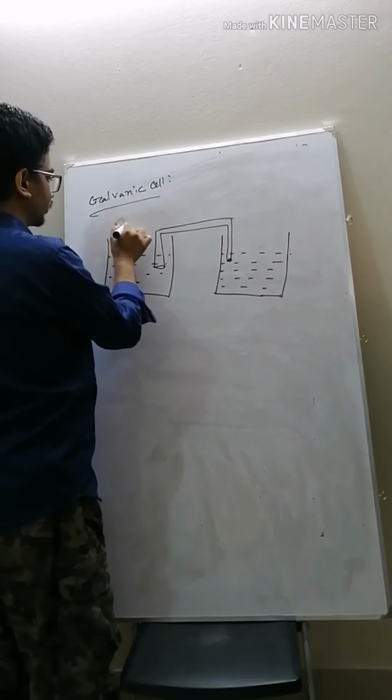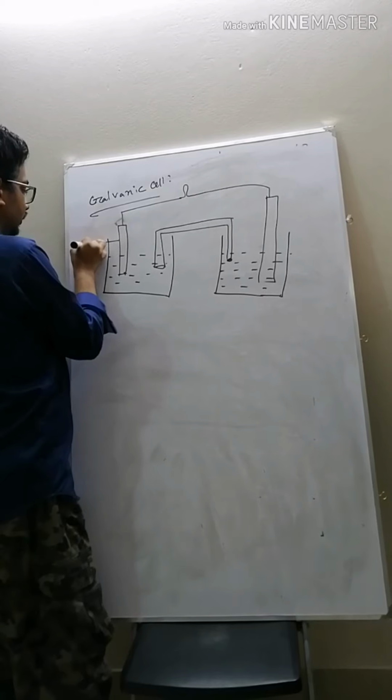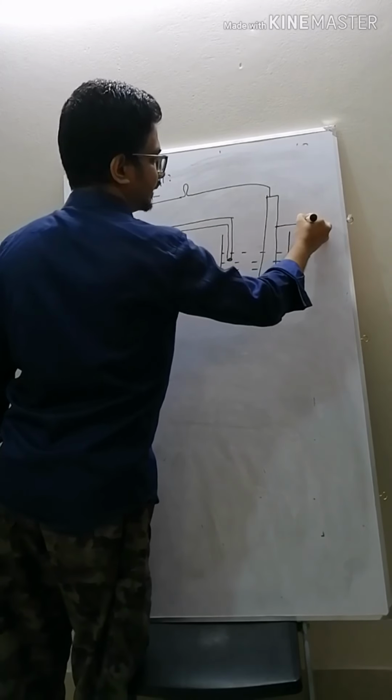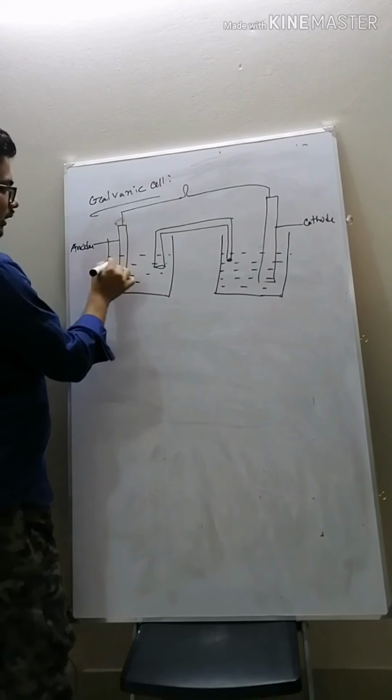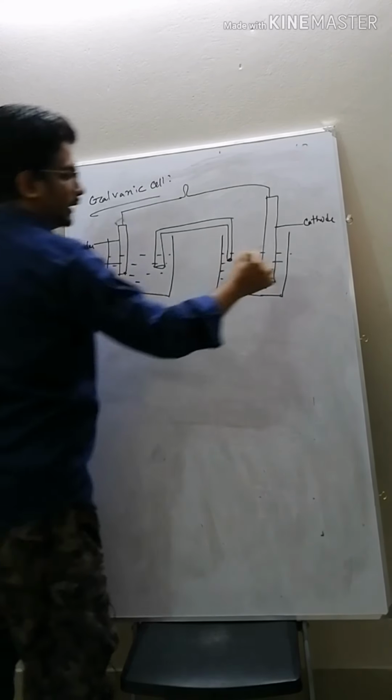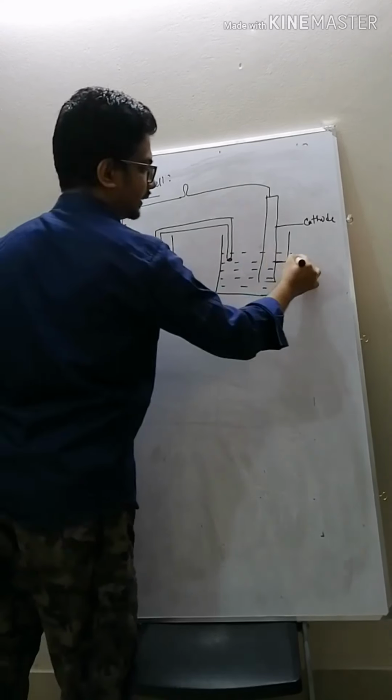On my left side there is the electrode which is known as anode, and on my right side it is cathode. It is zinc electrode and it is copper electrode, and we use zinc sulfate as electrolyte in zinc electrode and copper sulfate in cathode.